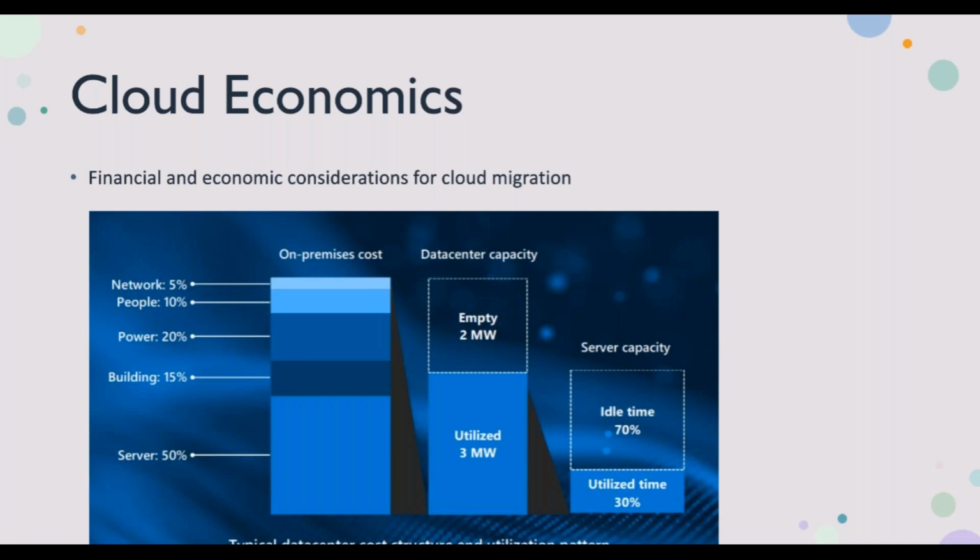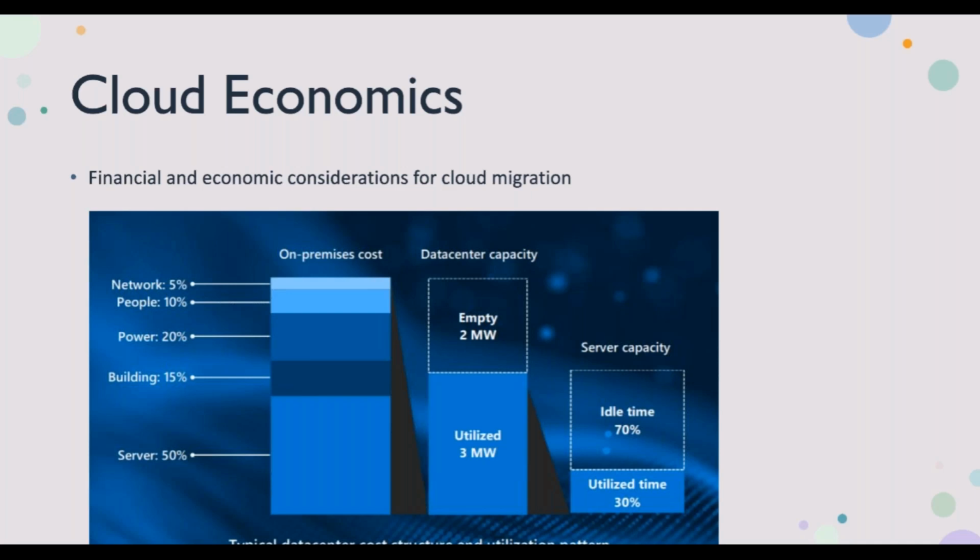One thing is obviously price, which is very important, because right now we are operating in one kind of price structure, and this is going to change completely when we migrate to the cloud. So we need to understand how these things work, how the cloud is going to cost us, and what the easiest way is to get the most out of the cloud.